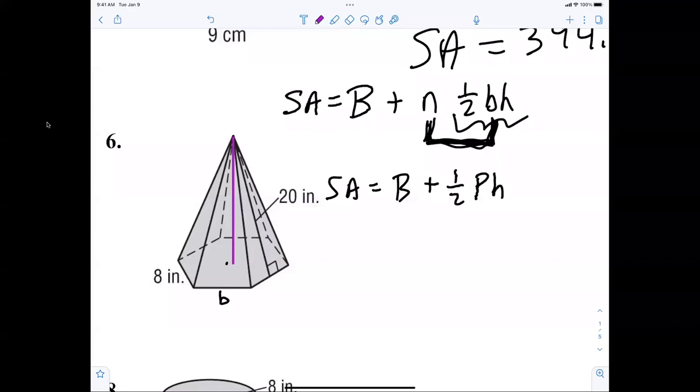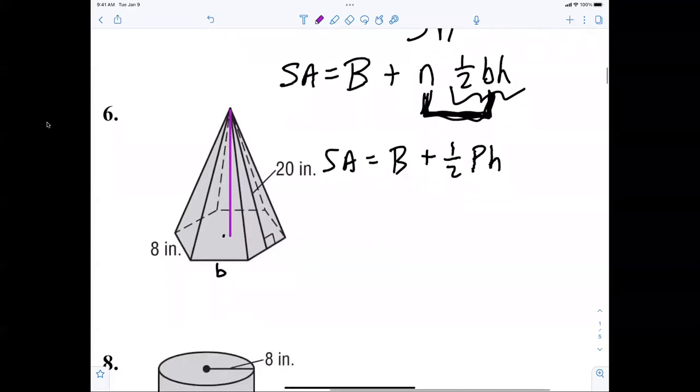So again, the surface area of a pyramid is the area of the base plus 1/2 perimeter times, and normally it's not written as H, but it's written as L. And L just represents what we refer to as the slant height, but I don't really care about what letter you call it, correct? I prefer H, but in the book, it sometimes is capital B plus 1/2 PL.